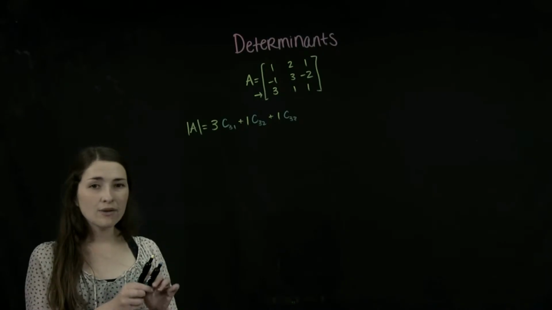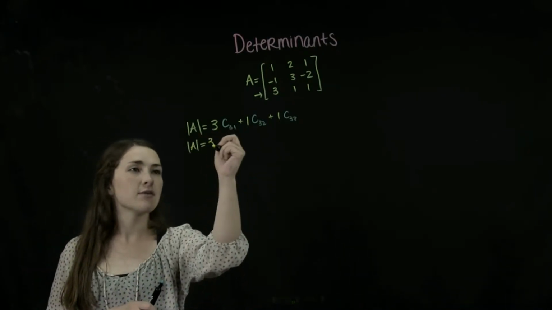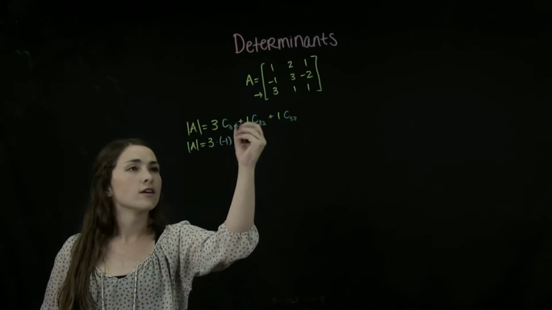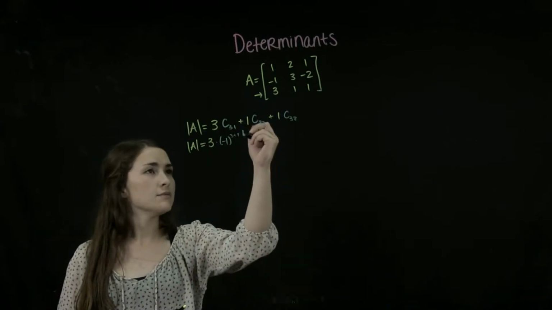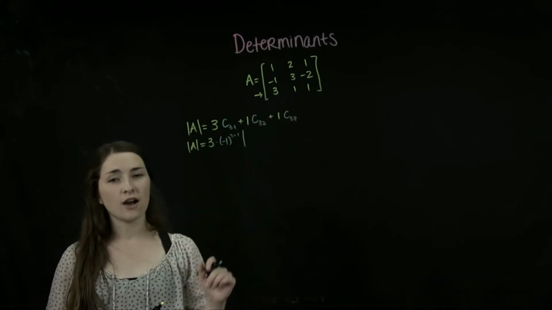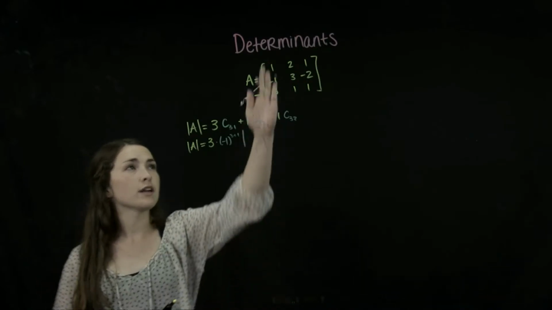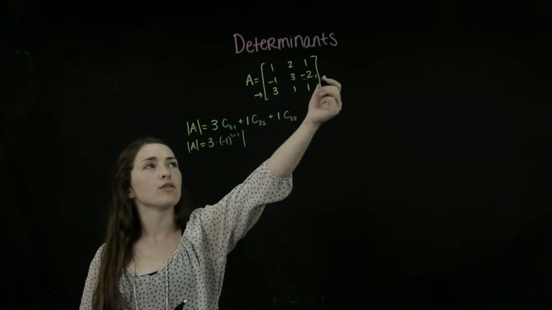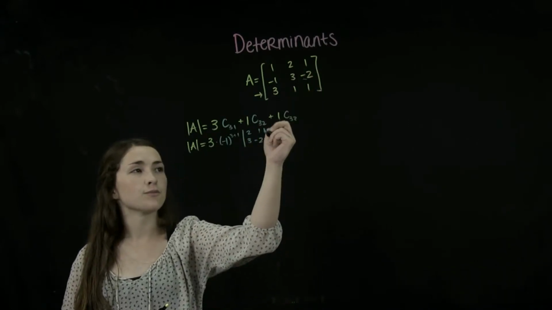Now we can expand this out for our cofactors. We have 3 times negative 1 to the 3 plus 1 power, times the determinant of the minor once we take out this a sub 3,1 term. So we're going to get rid of our first column and our third row, and we're going to be left with this matrix up here: 2, 1, 3, negative 2.